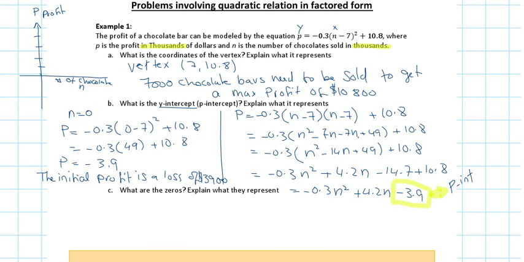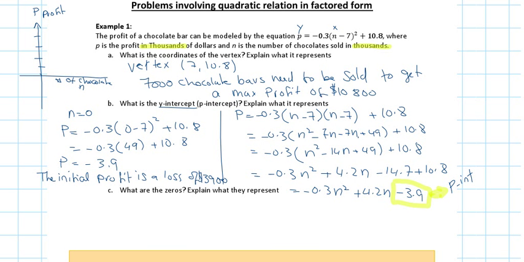So what's the next question asking you for? What are the zeros? So since you're looking for the zeros, what format do you want it to be in? Yeah. What is it called? So you have the options of standard, vertex, and factored.